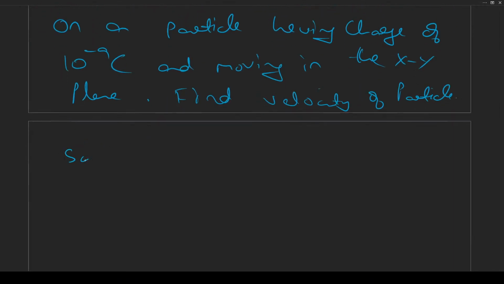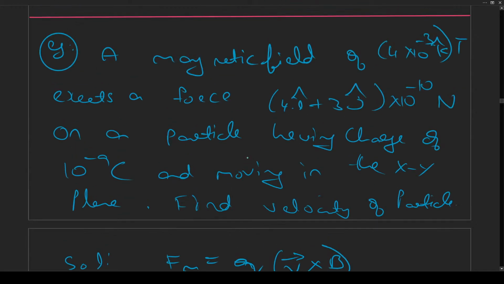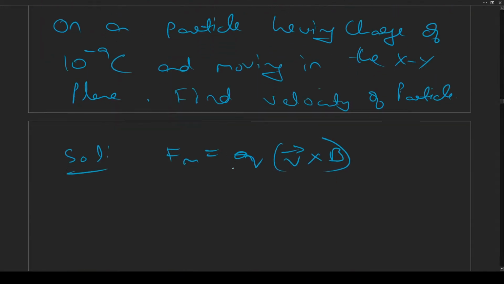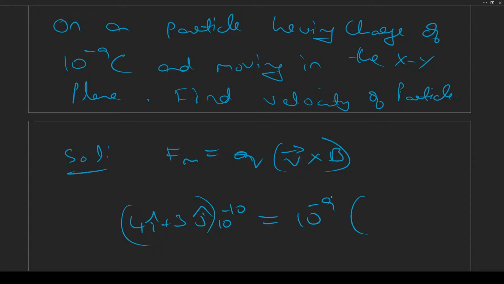And since we know that force, which is equals to q v cross B or qvB sine theta, substituting the values, we will get force which is equals to 4 i cap plus 3 j cap, 10 power minus 10 Newton is equals to 10 power minus 9 coulomb. This will become 10 power minus 1.